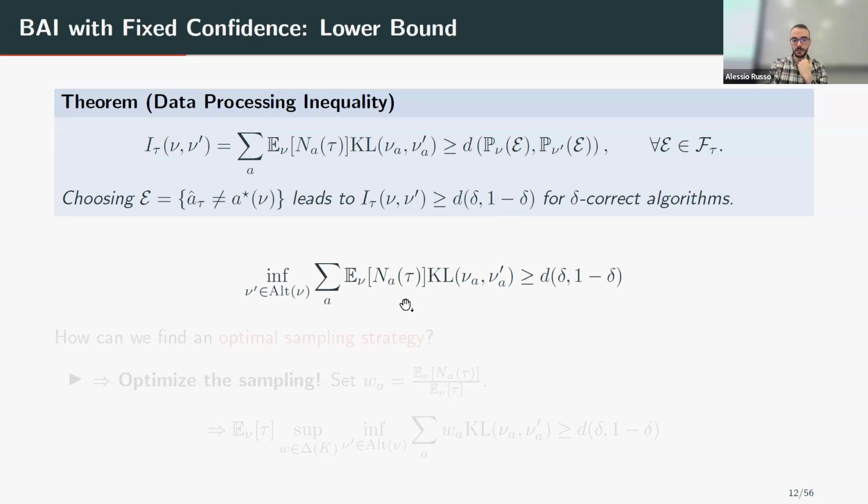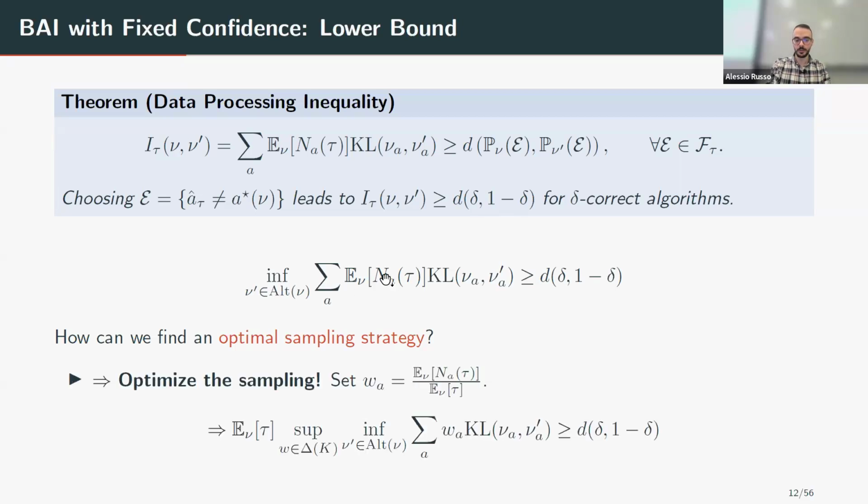Next, we have optimized with respect to the alternative model, but how do we find the optimal sampling rule? The idea is to parameterize the number of samples. So we first normalize it by the sample complexity. We set this quantity equal to w_a. This represents the sampling of arm a, so the proportion of times we should sample arm a.